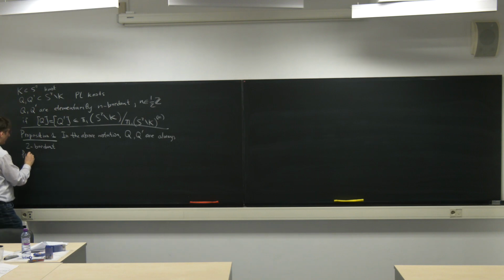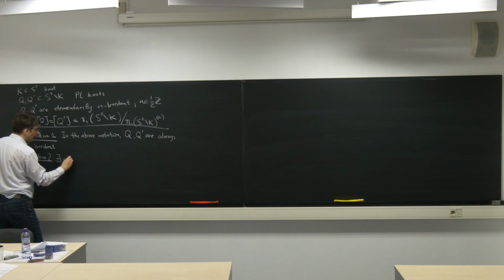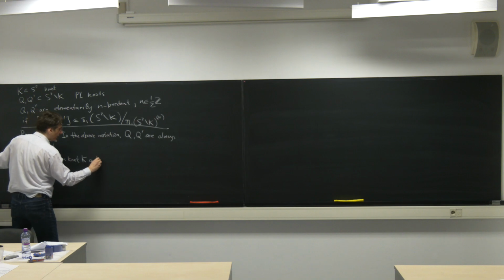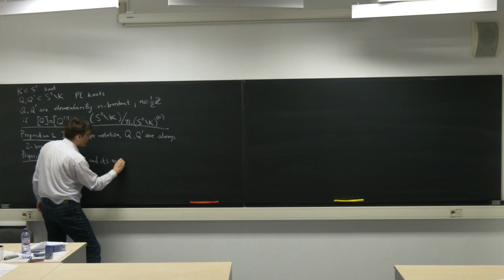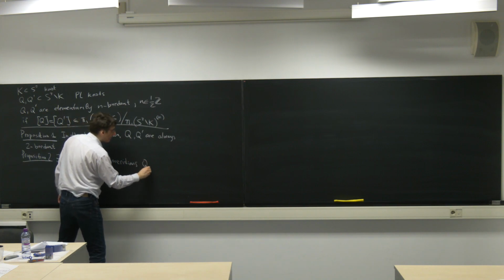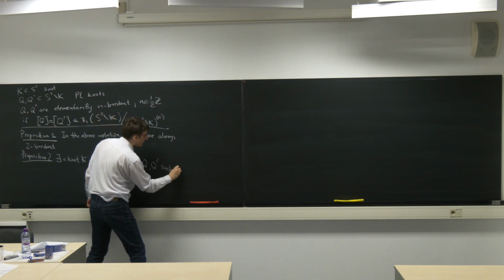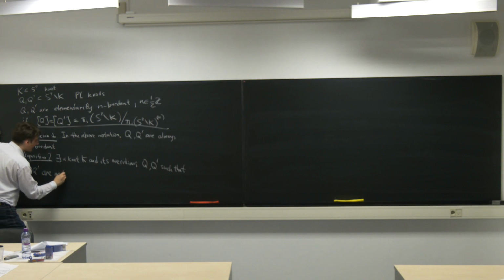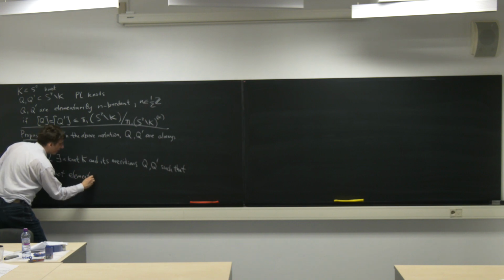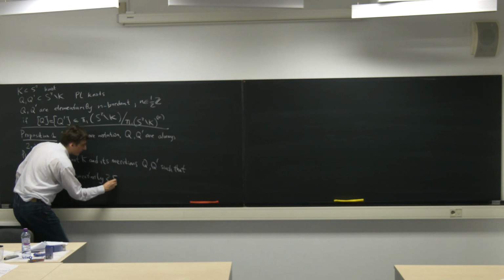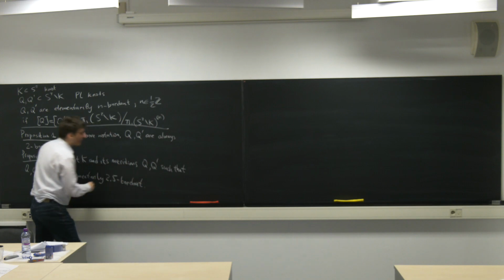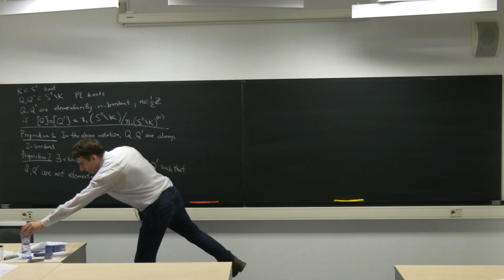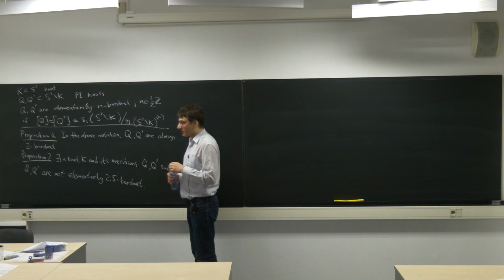And proposition 2: there exists a wild knot K and its meridians Q and Q prime such that Q and Q prime are not elementarily 2.5 bordered. Is everyone okay with these statements and definitions?